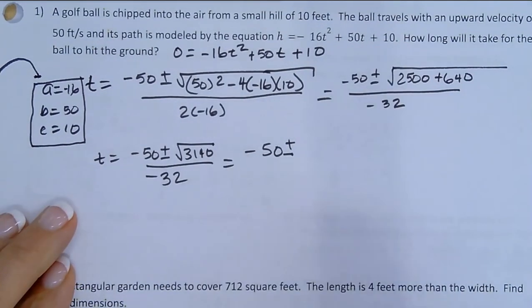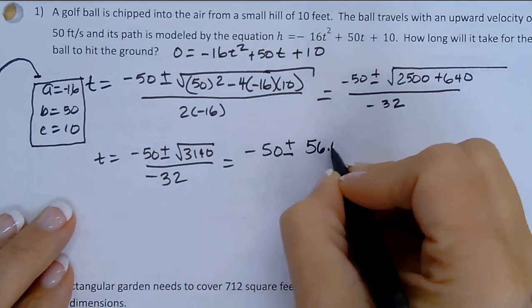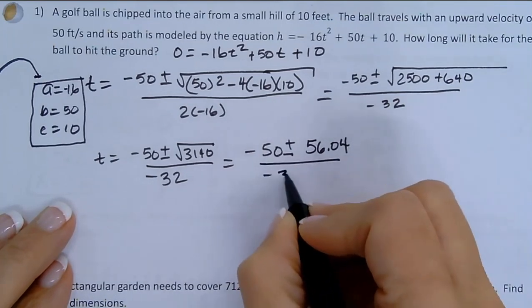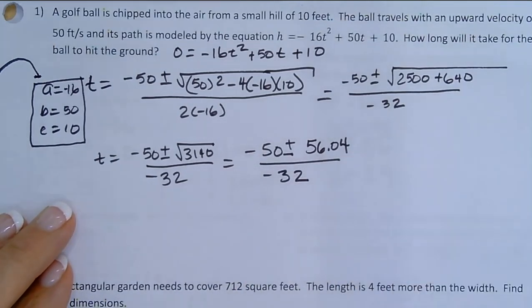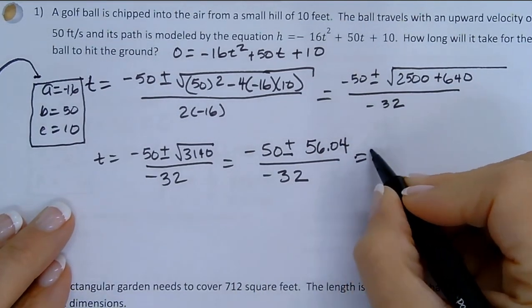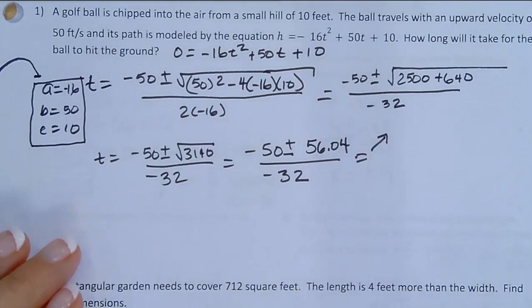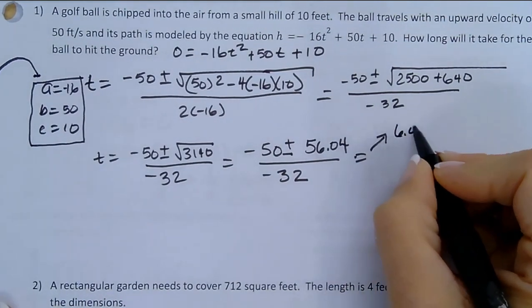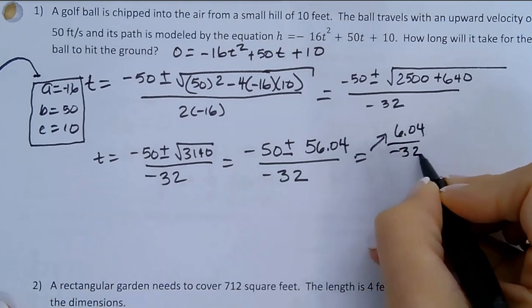I'm going to write 56.04. So I'm approximating that, and it's all over negative 32. So I end up with negative 50 plus 56.04, so that's going to be 6.04 over negative 32.